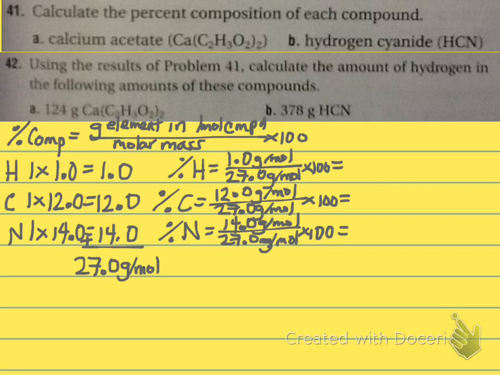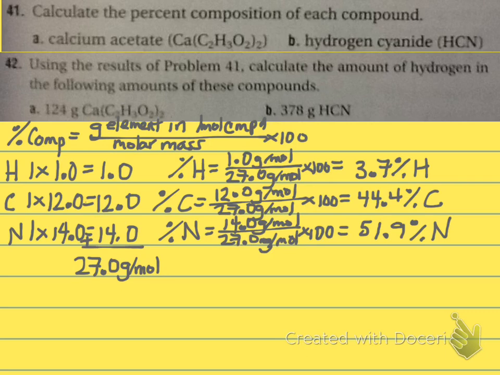Again, we'll do 1 decimal, so we get 3.7% hydrogen, 44.4% carbon, and 51.9% nitrogen. So that's the answer to 41.